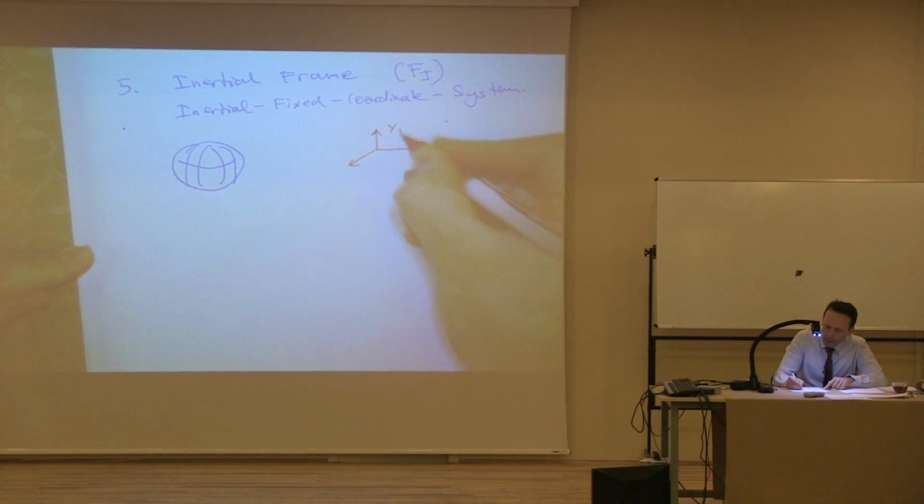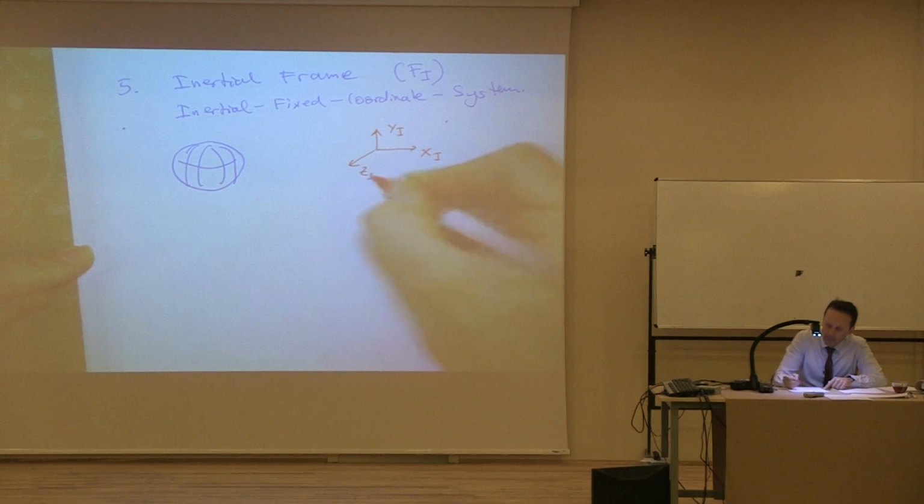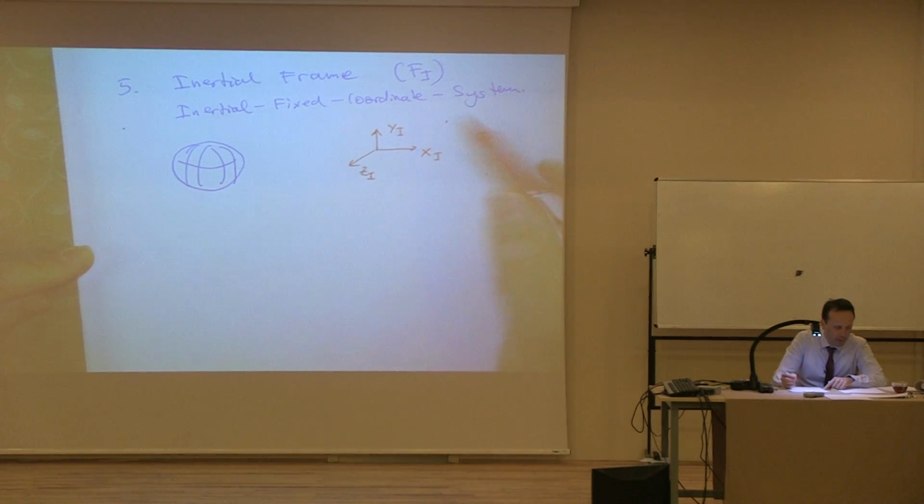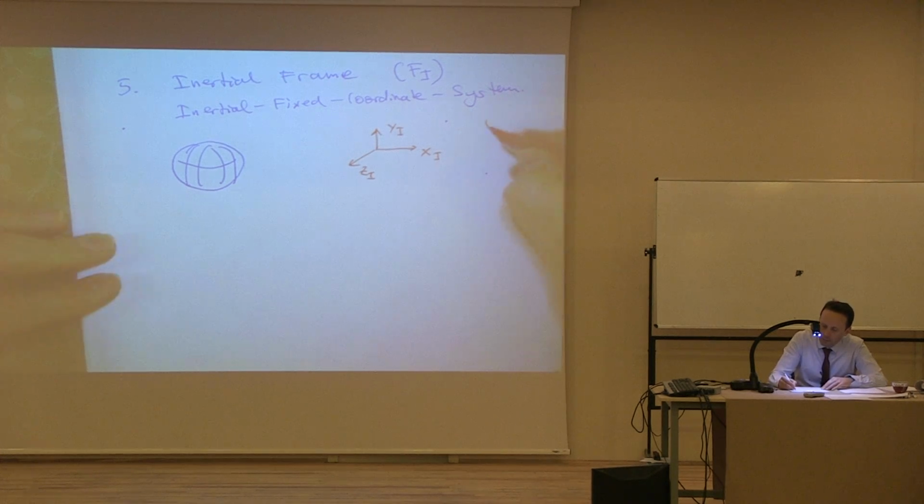Xi, Yi, Zi, that needs to be fixed with respect to distant stars. So O, Xi, Yi, Zi, that is my coordinate system, is fixed with respect to distant stars. So this is the ultimate coordinate system that is fixed in space.